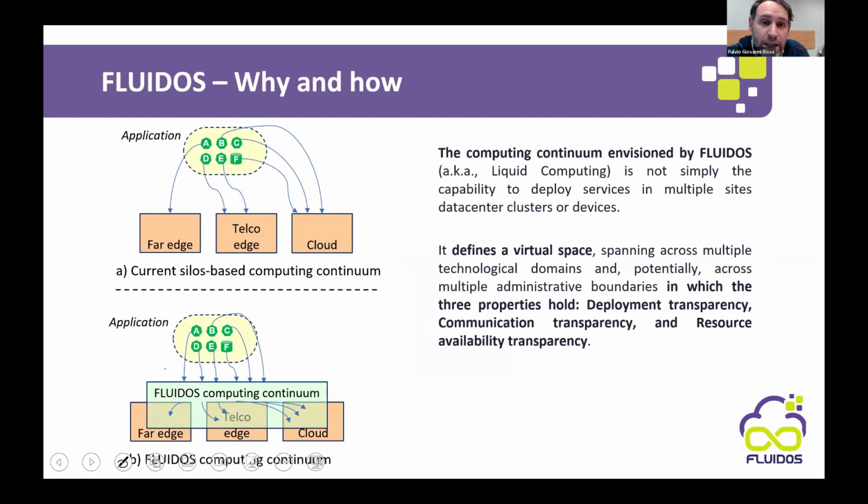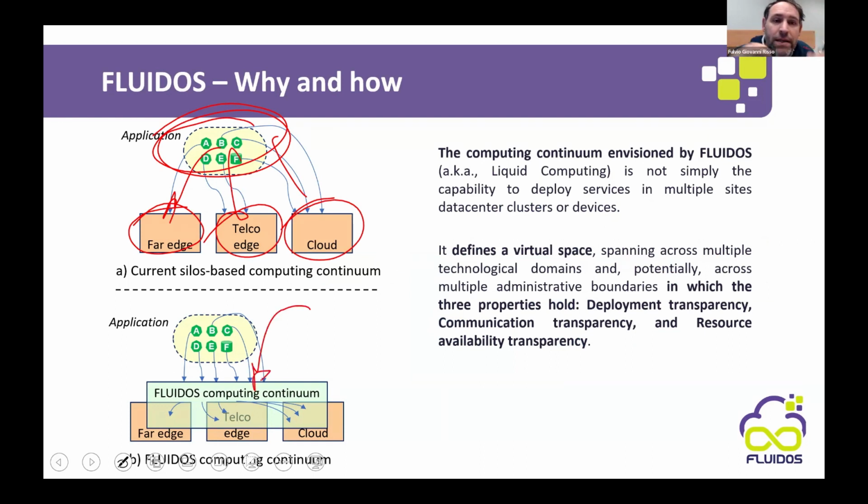So what do we need here? We need to create a sort of virtual continuum that moves from this kind of approach where the application, if it wants to leverage multiple resources, has to be deployed with explicitly some components in the far edge, some other component at the telco edge, some other in the cloud, but explicitly, into a world where the application is deployed into a sort of meta orchestrator.